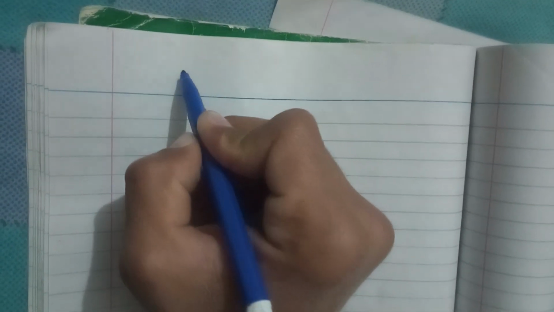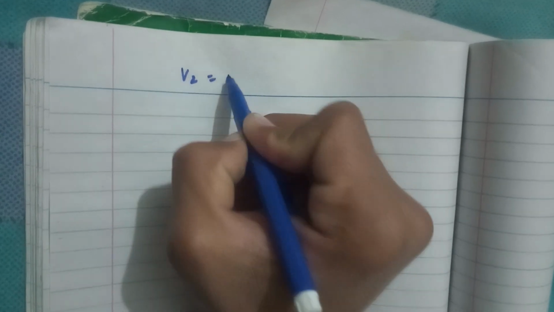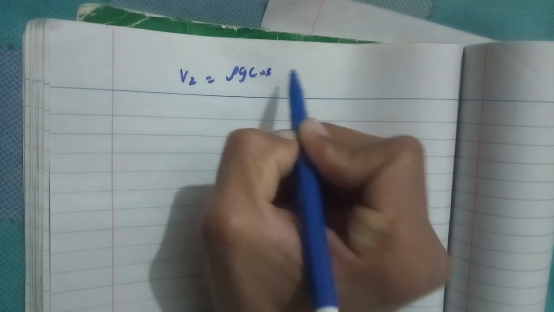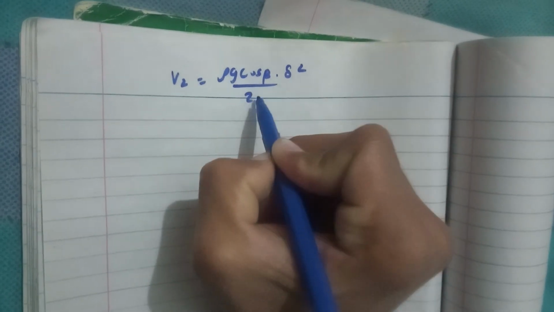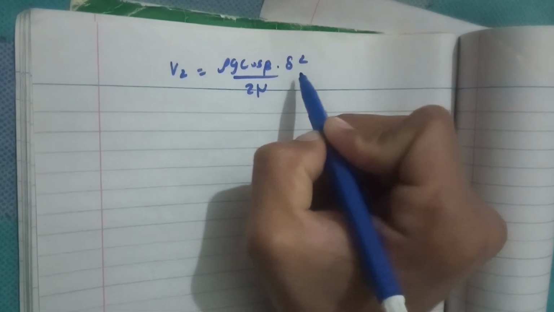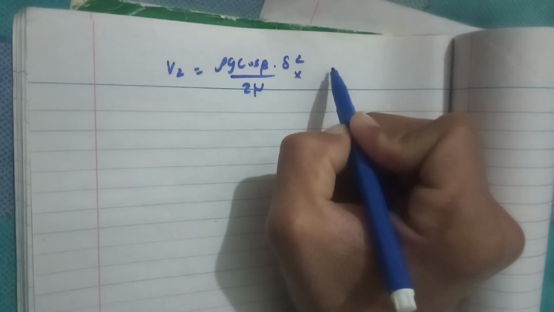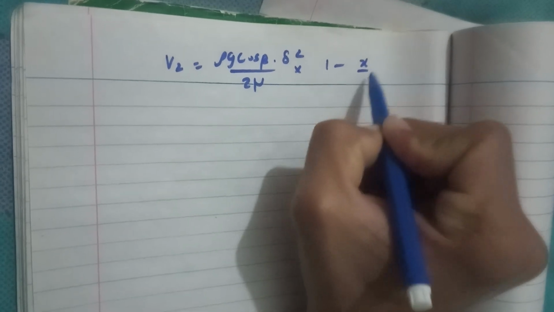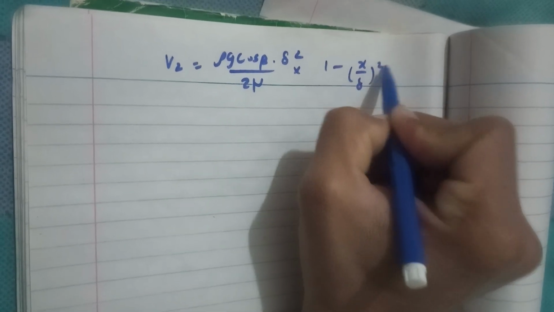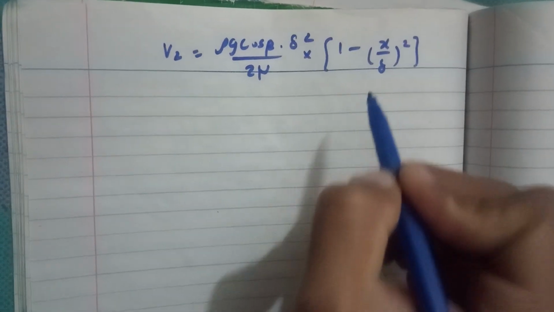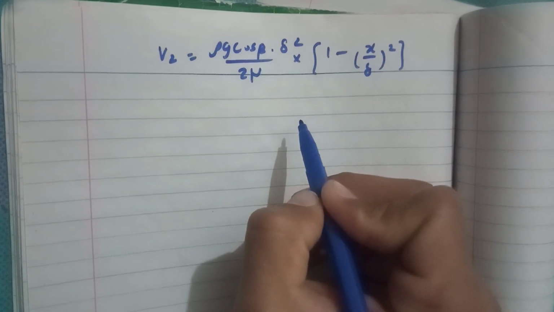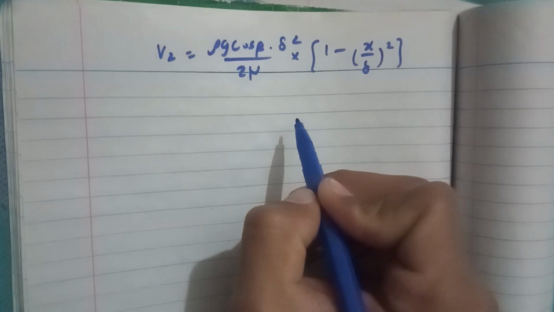It was Vz equal to rho g cos of theta cos of beta del square over 2 mu multiplied by 1 minus x over del whole square bracket. This was the velocity distribution across the falling film.